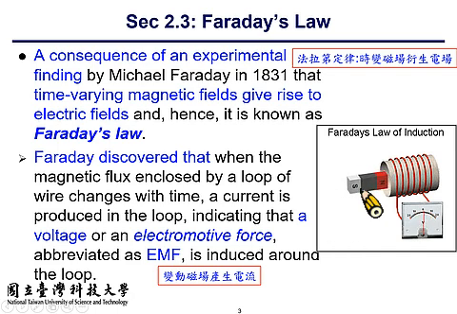So as you can imagine, as the magnet moves out, and we know how the magnetic field lines can be drawn around the magnet. There are closed loops wrapped around the magnet, and as the magnet moves in and out of the coil, the amount of magnetic flux intercepted by the coil changes as time varies, as the magnet moves.